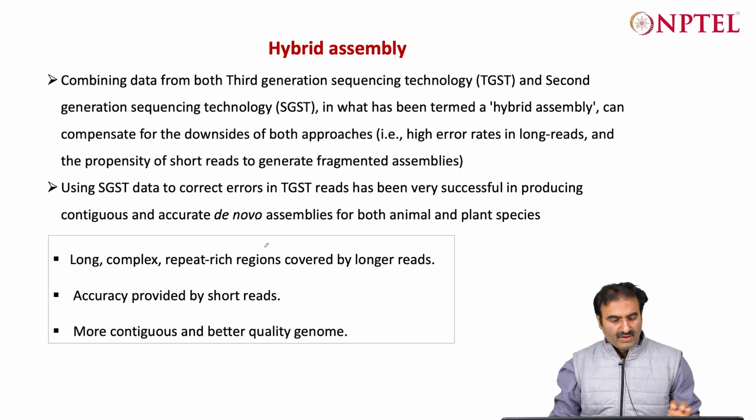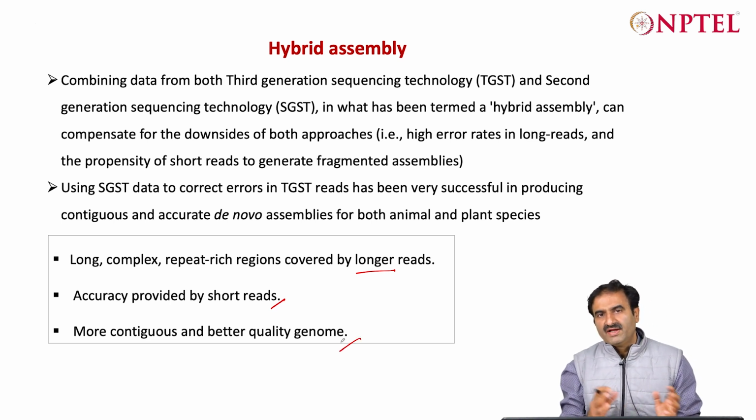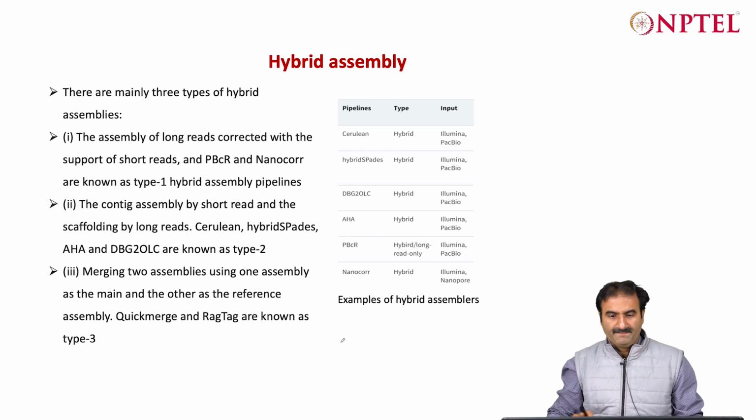So because, as I mentioned, long repeat regions can be covered by longer reads, accuracy by short reads, and combining together will give you correct as well as contiguous assembly.